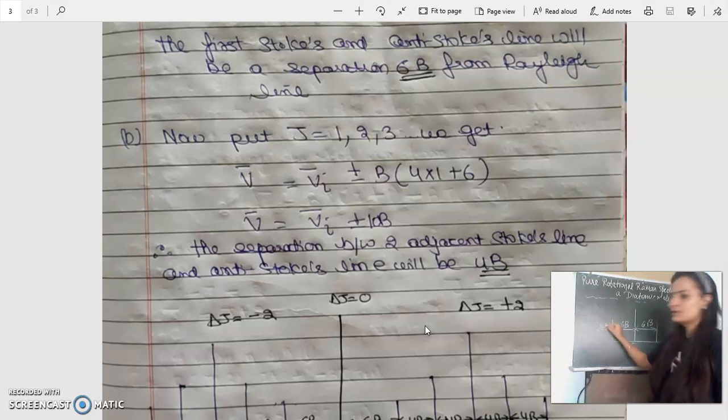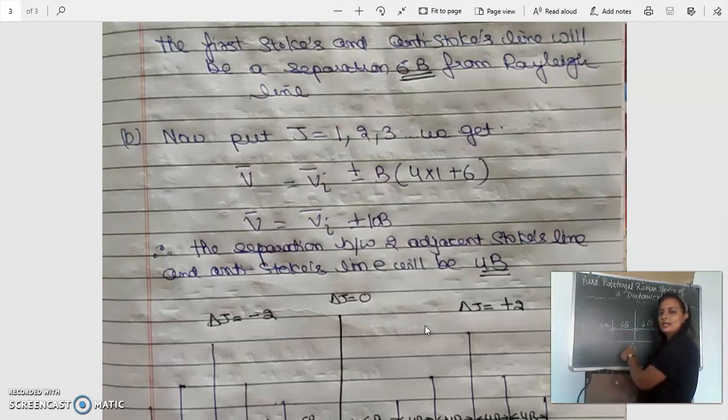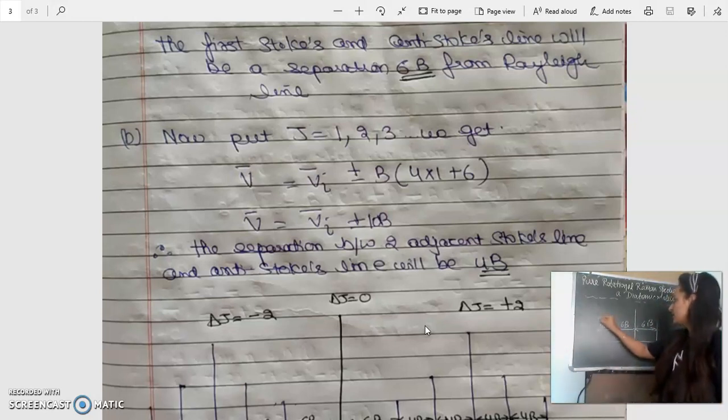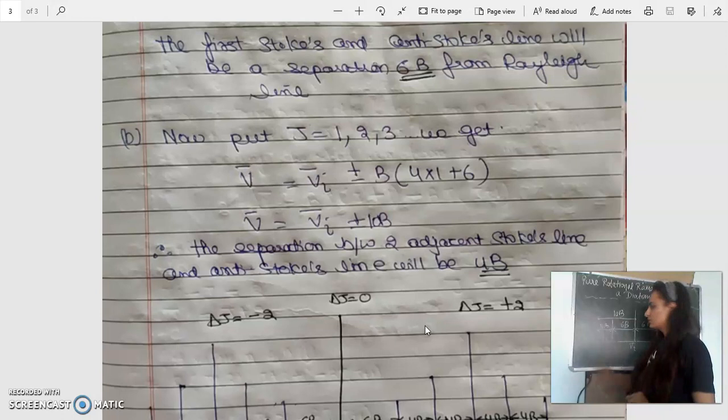Why 4B? Because the total distance from your Rayleigh line comes out to be 10B. So the first line appears at 6B, the next line at 4B. Now if you put the value 2, you will get 14B, that is 6 plus 4 is 10, plus 4 is 14B.